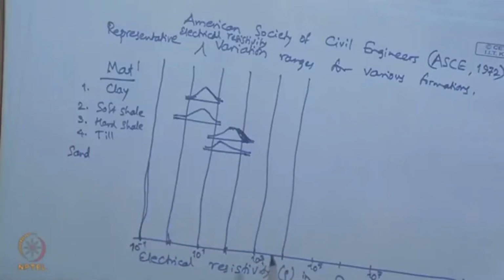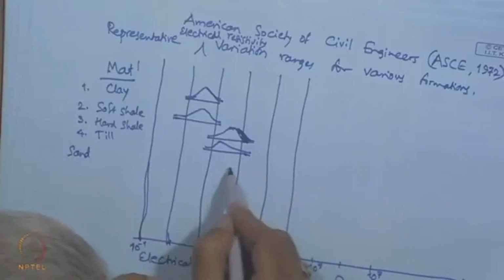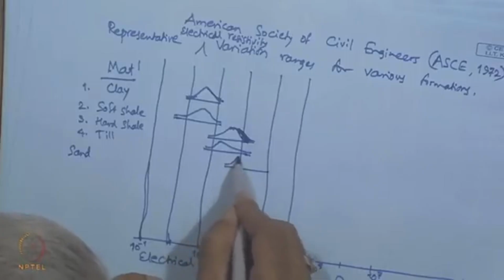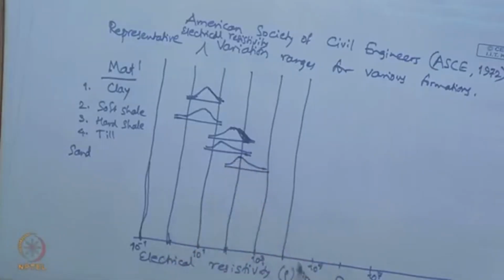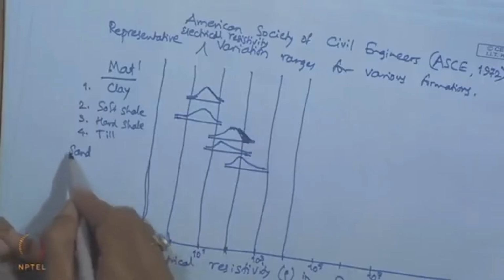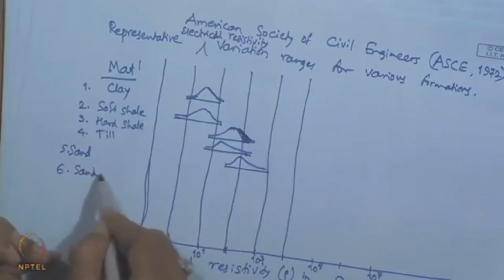Sand again shows a variation skewed to the left, with the mode around 10 to the power 2 ohm meter. Then the fifth one is sand, the sixth one is sandstone.